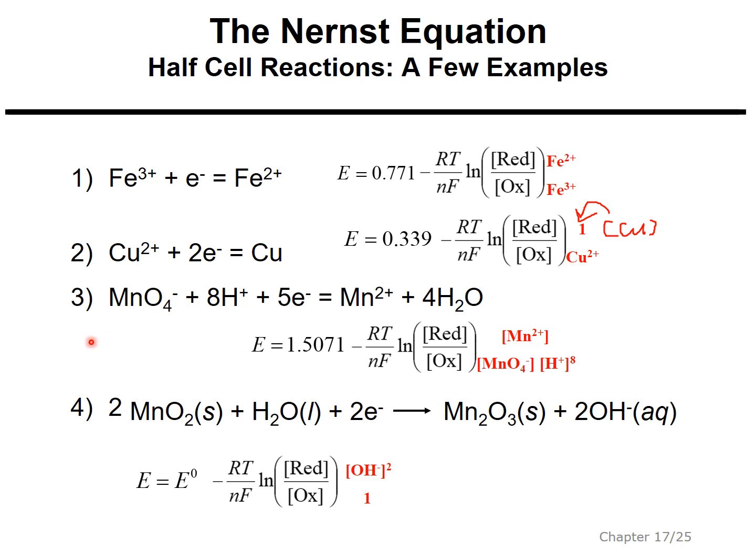Example number 3. Some manganese species here, and the standard reduction potential of 1.5 volts would be read from the table. The reduced species, or the product, is Mn2 plus with H2O to the 4.